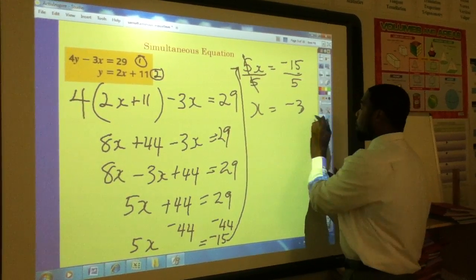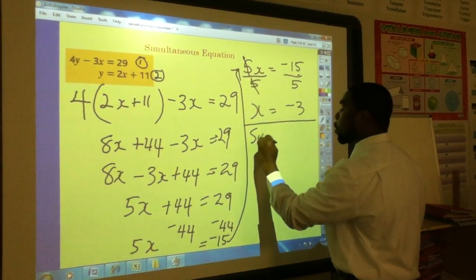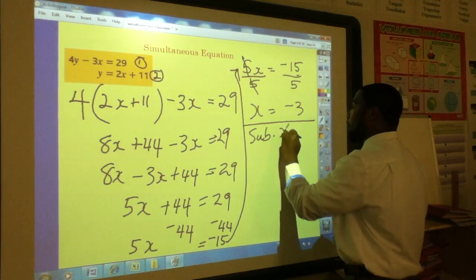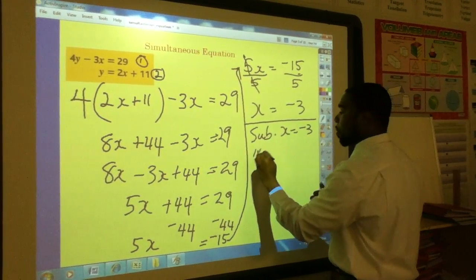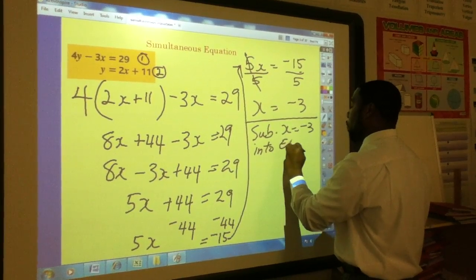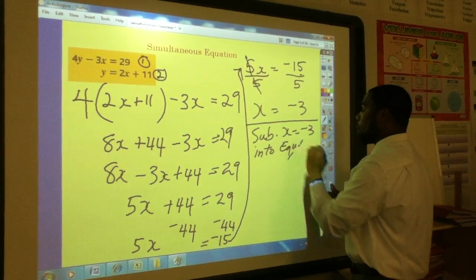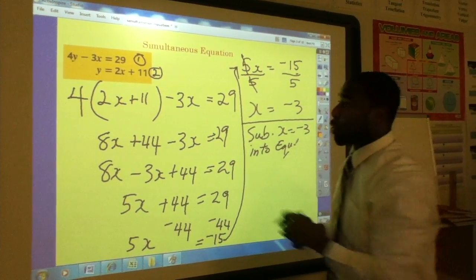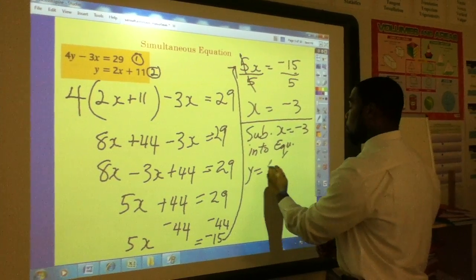The next thing we need to do is to solve for y by substituting x equals minus 3 into an equation, and we usually look for the simplest or the simpler equation to substitute x into. So we're going to go to y is equal to 2.